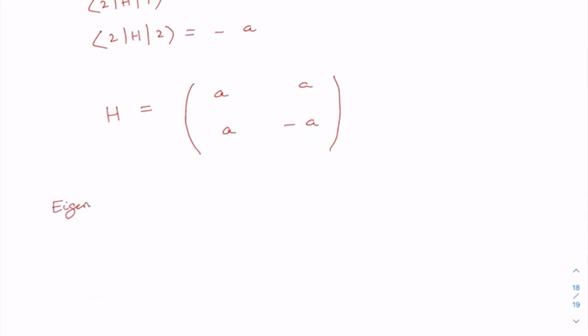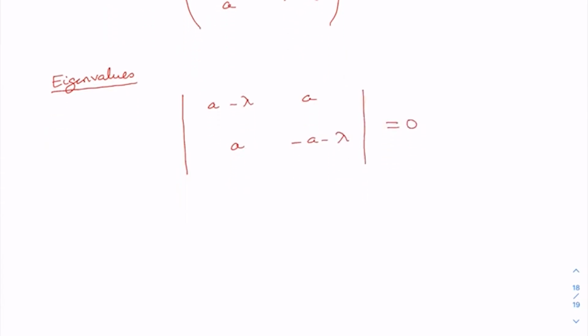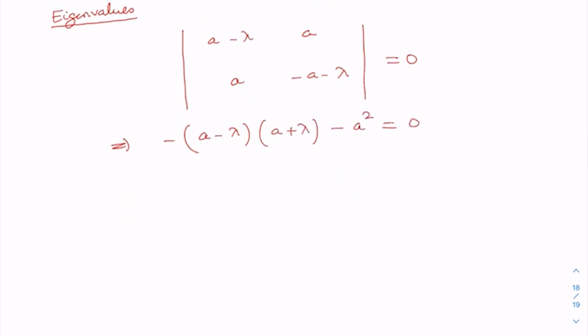You now just have to find the eigenvalues of this matrix. Because the Hamiltonian corresponds to energy, the eigenvalues would be energies. So you have to solve the characteristic equation: (A minus lambda)(minus A minus lambda) minus A square is equal to 0.